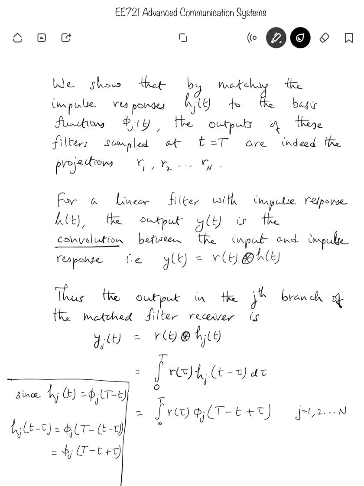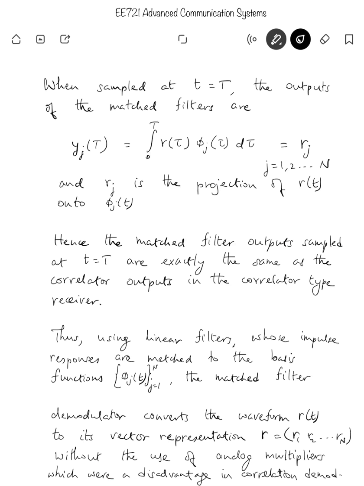And then again we are going to sample this output at the time t equal to capital T. So when you make the small t equal to capital T, this term disappears, so you get R of tau into phi j of tau.